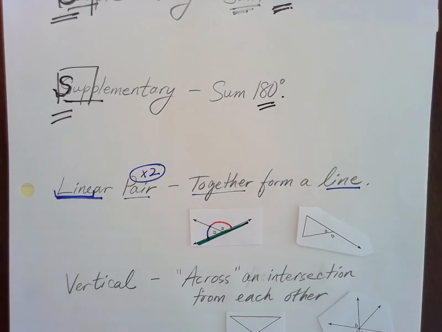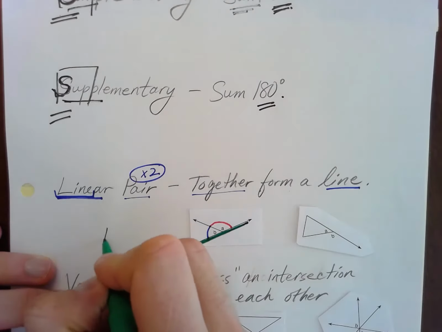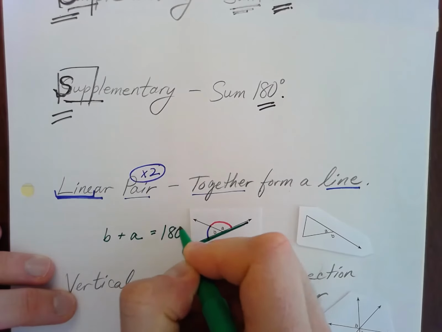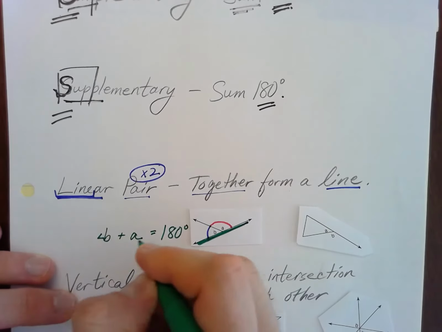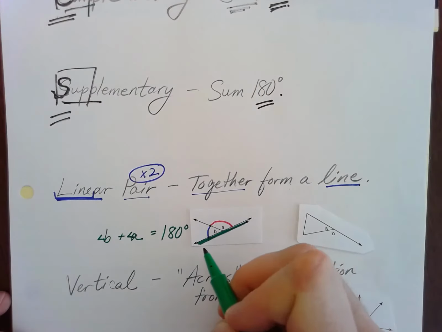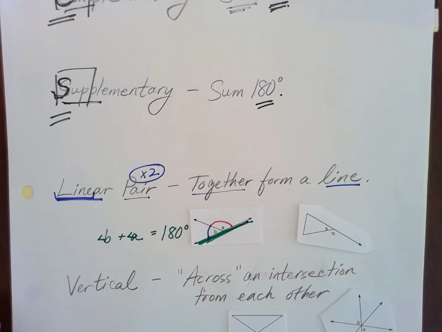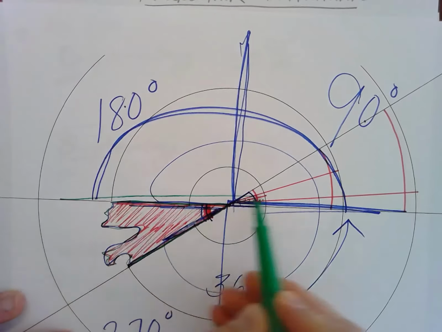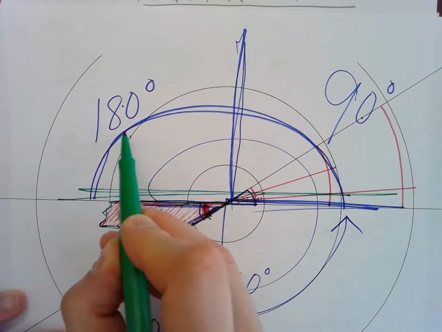And of course, you could say that angle B plus angle A equals 180. Really I should have little angle symbols out here. Angle B plus angle A equals 180 because if it equals a line, then it's going to be 180, right? Because that is what goes all the way across.